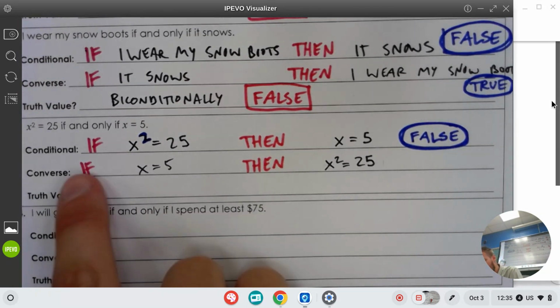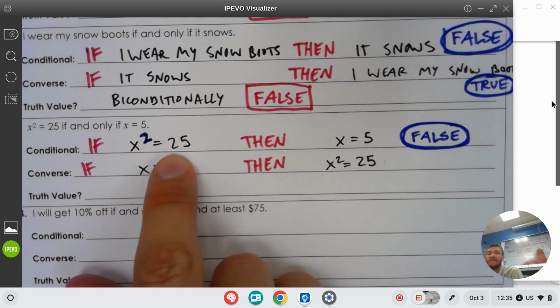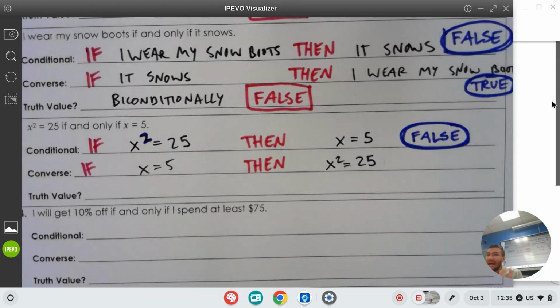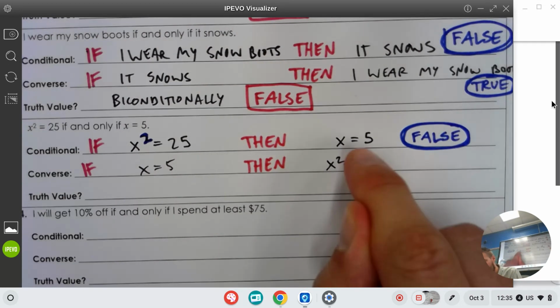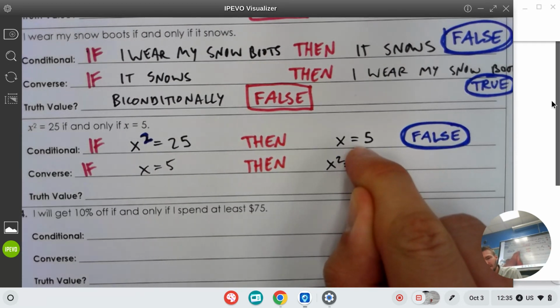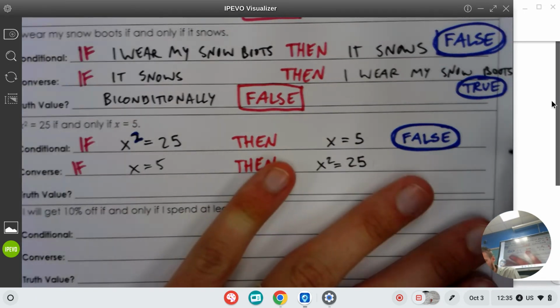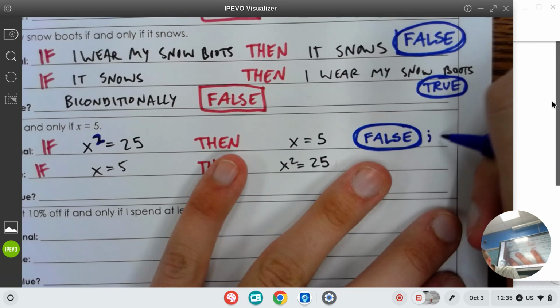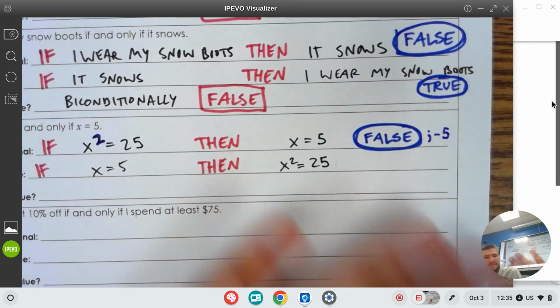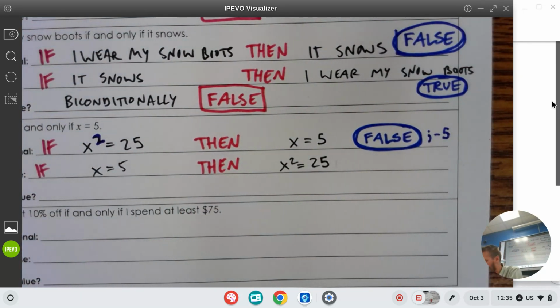Because if x squared equals 25, maybe x is negative 5. I cannot guarantee this. There are possibilities where this is wrong. If you can give me one counterexample, this is false because of negative 5. You gave me one example, that's good enough.